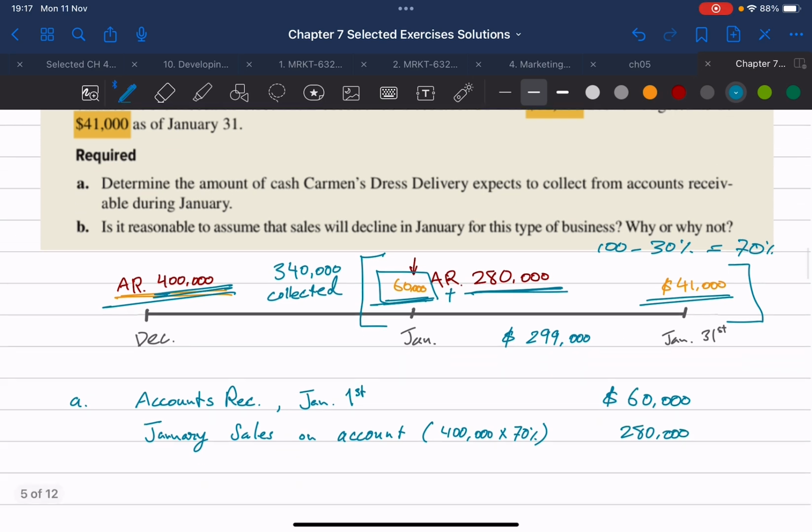All right, so adding both of these together is going to give me the amount of accounts receivable available for collection. I'm just going to call it AR available for collection. 280,000 plus 60,000, that's going to be $340,000.